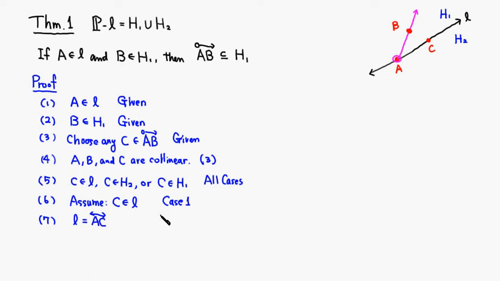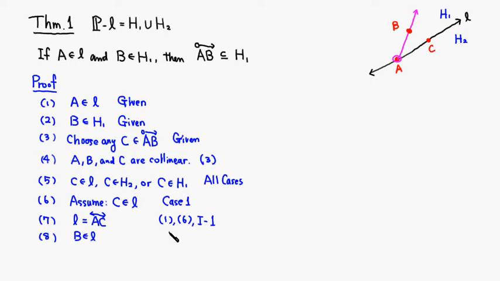I'm using line number 1 and the assumption, line number 6, along with I1. Now AC is exactly the same thing as line L, and A, B, C are collinear, which means that B must be on the line L, so line 8.